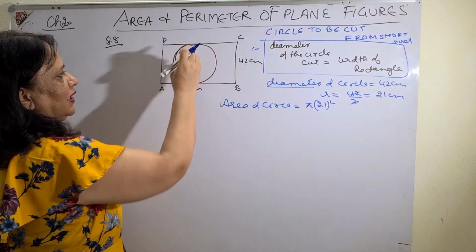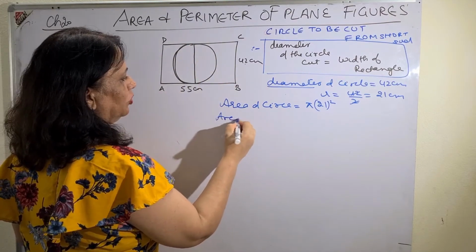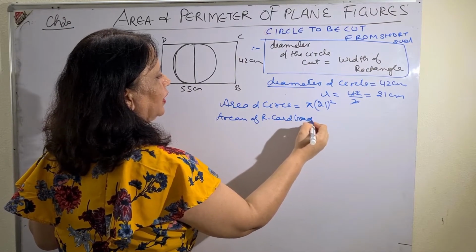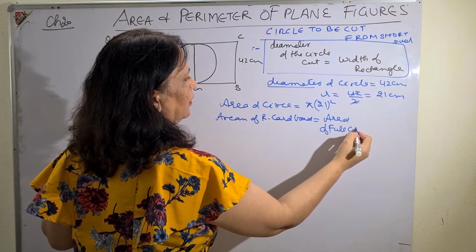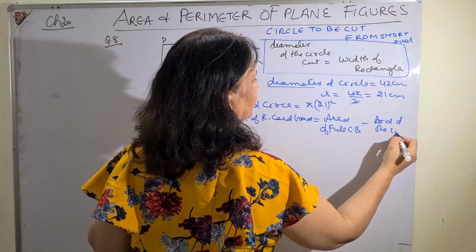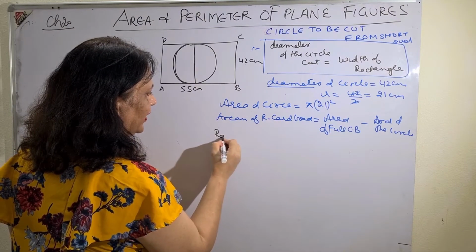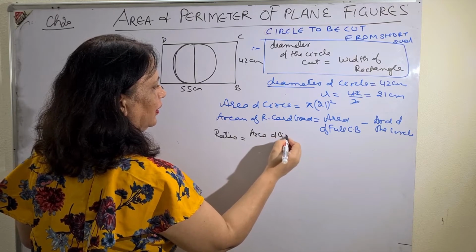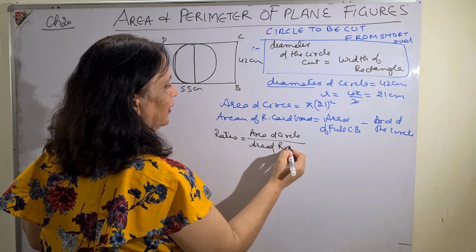If I cut the circle out of this, the area of the remaining cardboard will be the area of the full cardboard minus the area of the circle. Because they have asked me to find the ratio between the area of the circle over the area of the remaining cardboard.